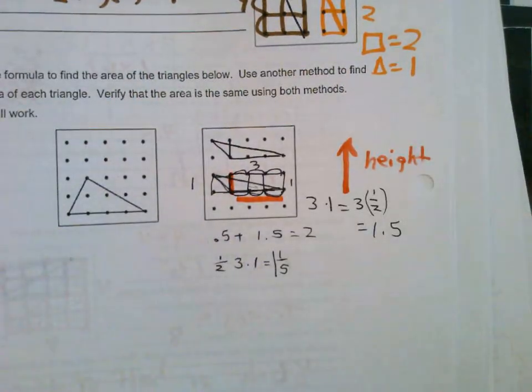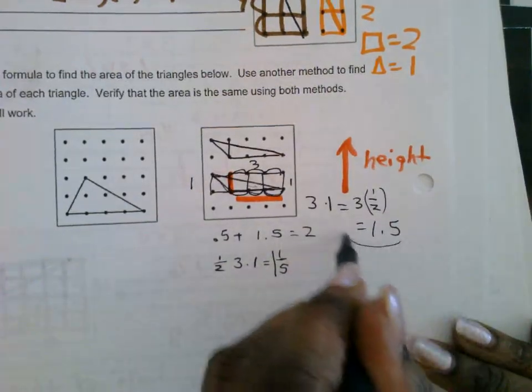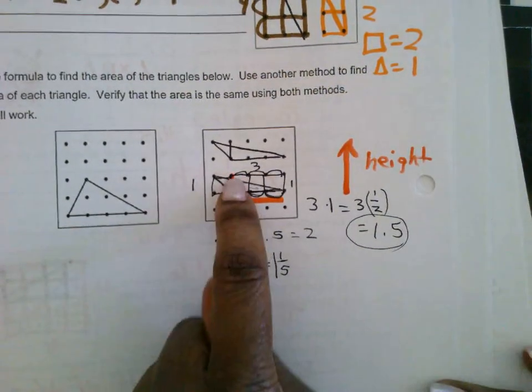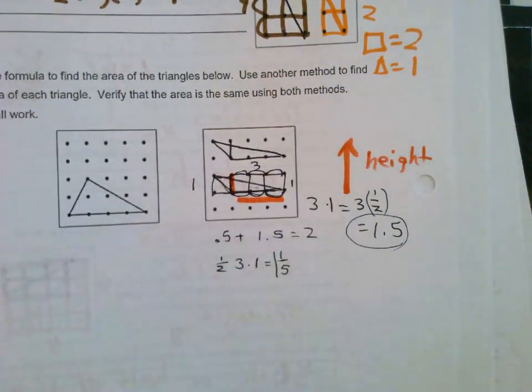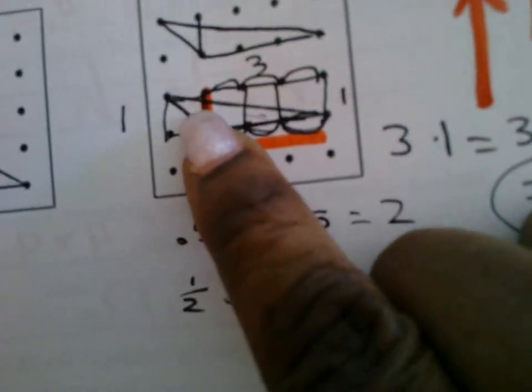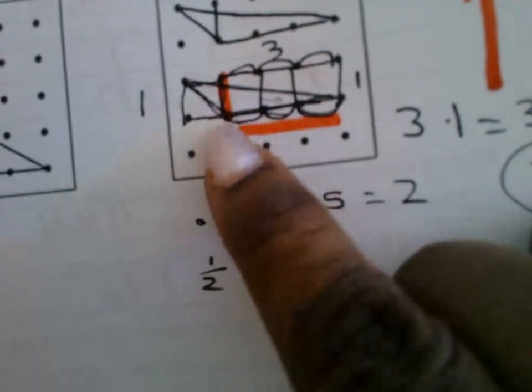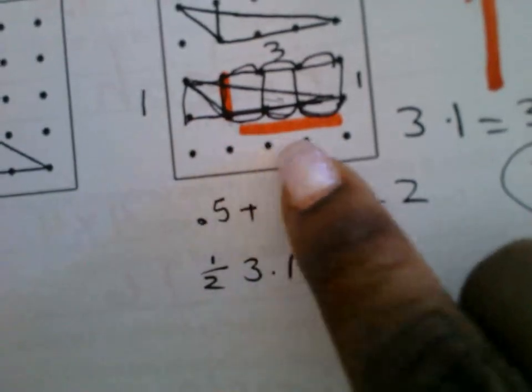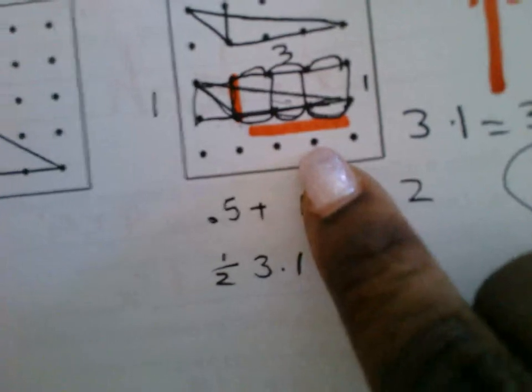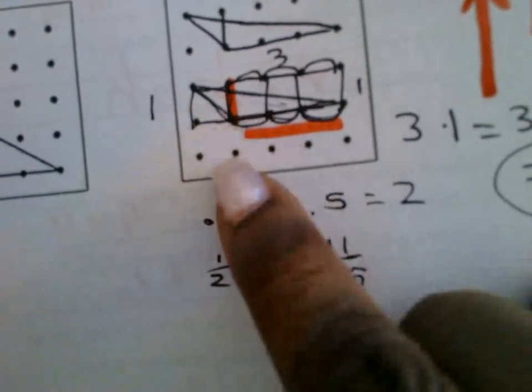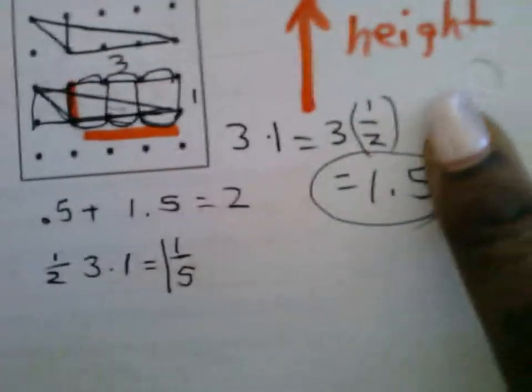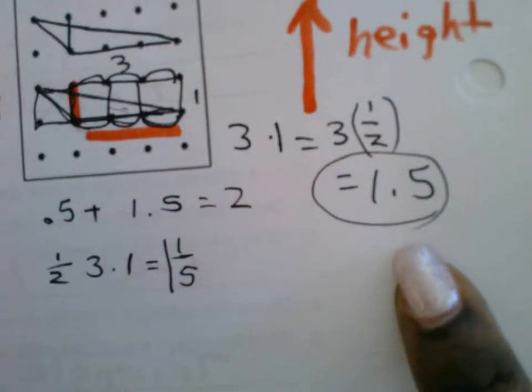Oh, I think this is the correct answer. This is not correct because this triangle does not go all the way up to that dot. So I can't count that as an entire cutoff, as a good cutoff point. But the red lines, 3 with a height of 1 cut in half, will give you the area of that triangle.